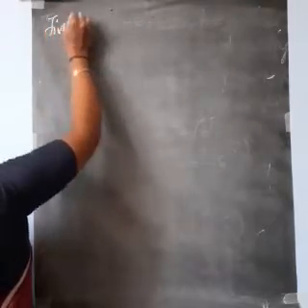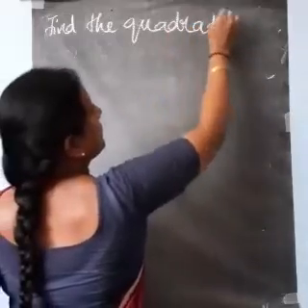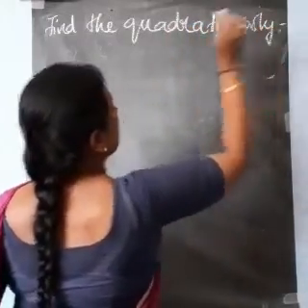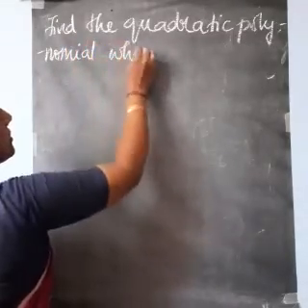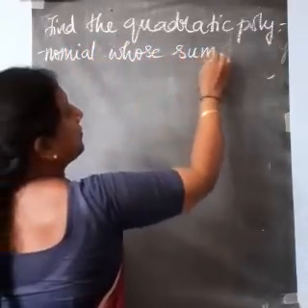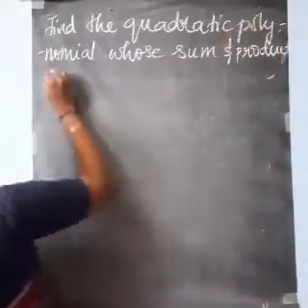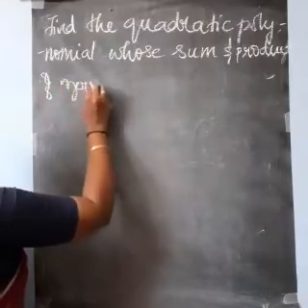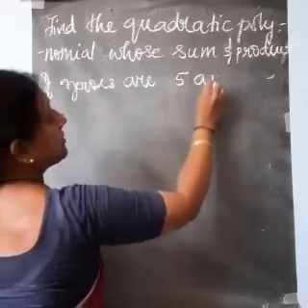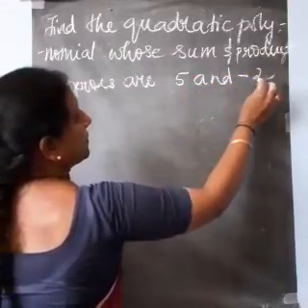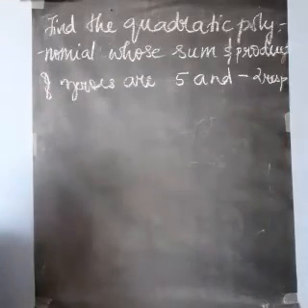Find the quadratic polynomial whose sum and product of zeros are, just say 5 and minus 2 respectively. Okay, if this is the question, let's see how we go about it.